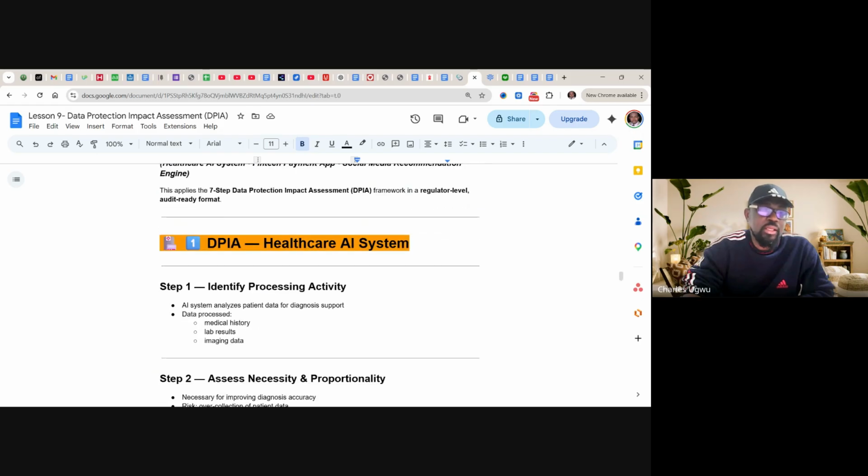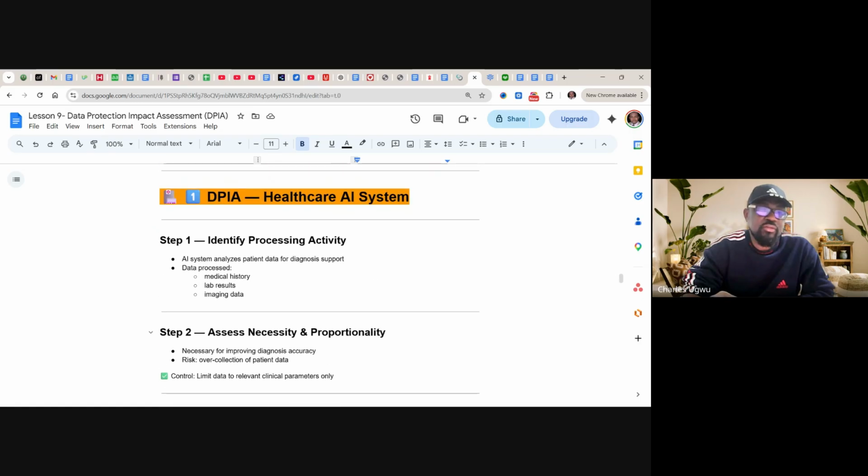So under the healthcare AI system, the first thing we need to do is to identify processing activities, and under that, we have the AI system analyzing patients' data for diagnostics support, and the data processed under this AI system is medical history, lab results, and imaging data. So we've here clearly identified the processing activity.